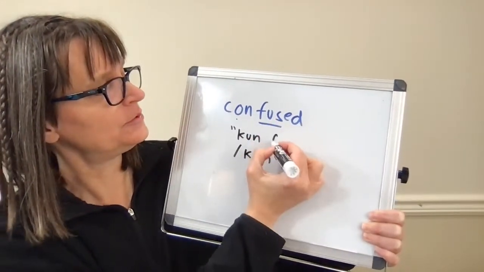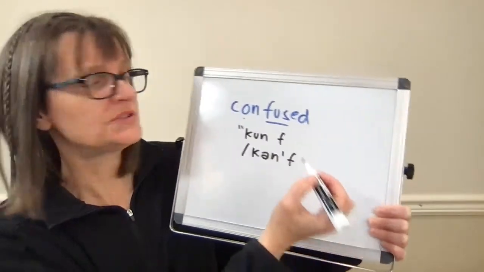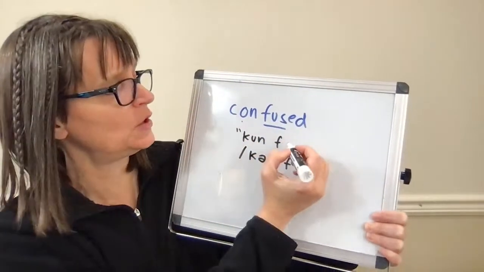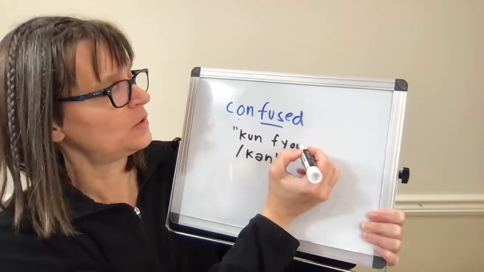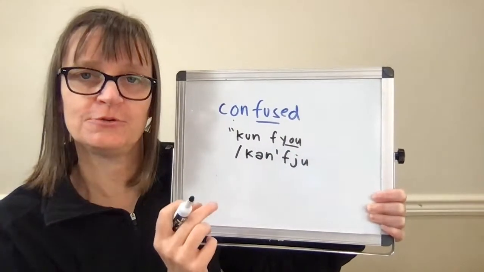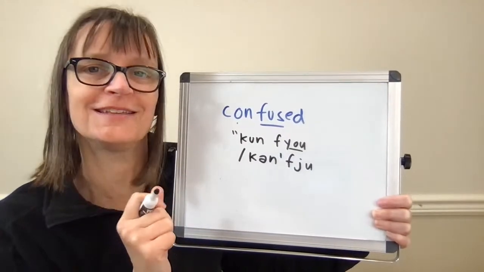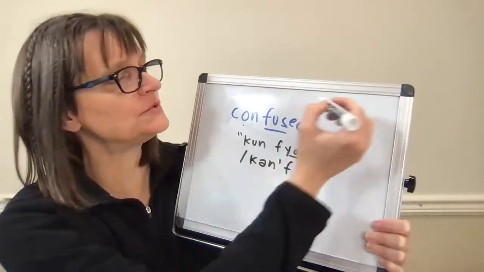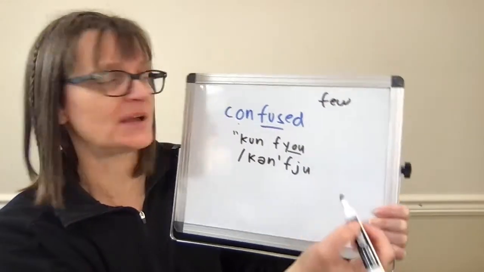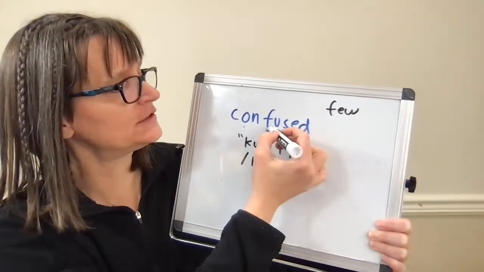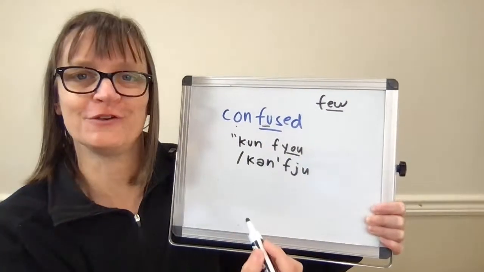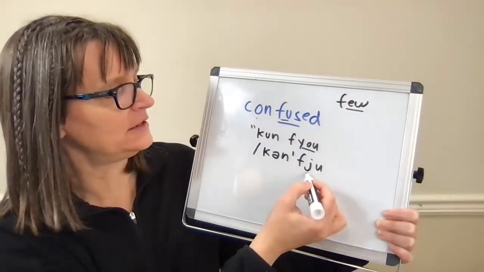This letter U says the oo sound, but in this case, fused, we also have a glide, which means we're going to have, like the word you, rather than confu, it's going to be confused. That's how also we pronounce the word few, for example. So thinking about that, this fu letters is the same as the word few, and we have that y glide.